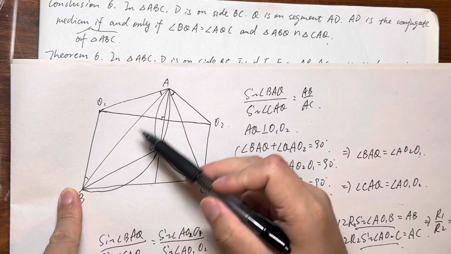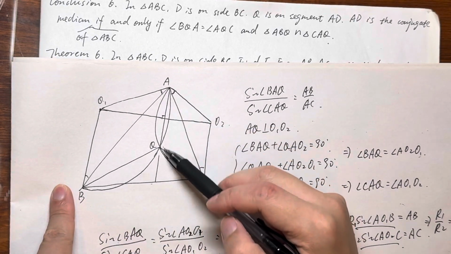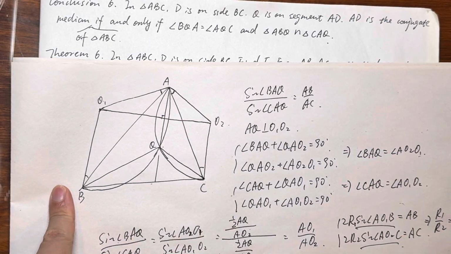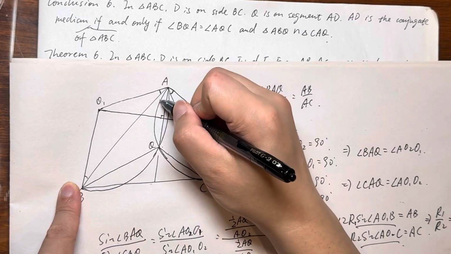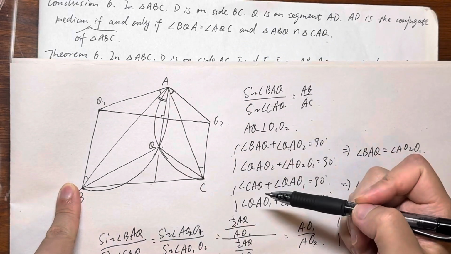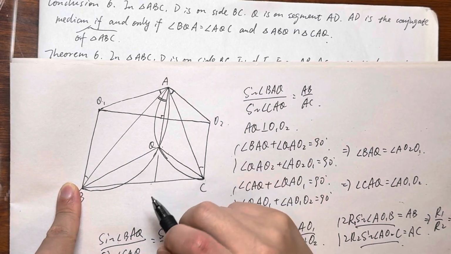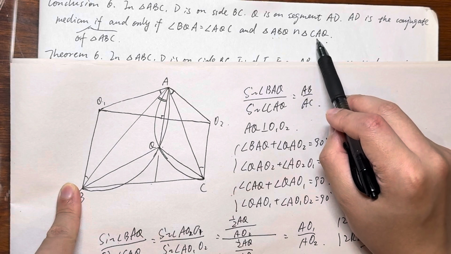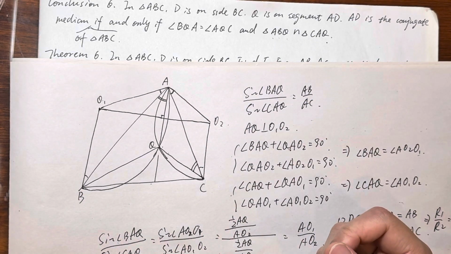And triangle ABQ is similar to triangle CAQ. Right, triangle ABQ is similar to triangle CAQ. And this angle equals this angle. That means the angle BAQ equals angle ACQ, right?